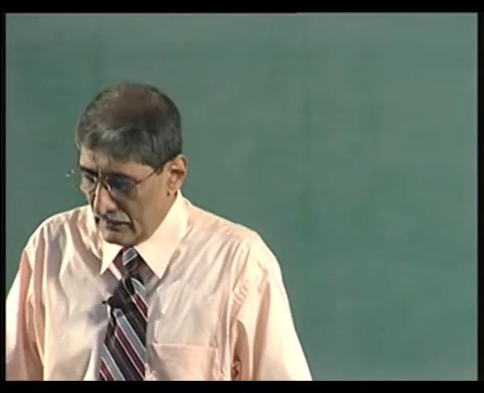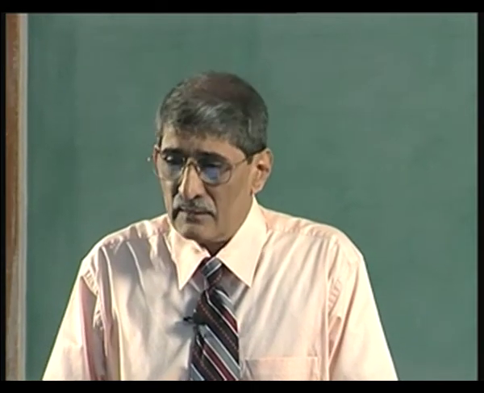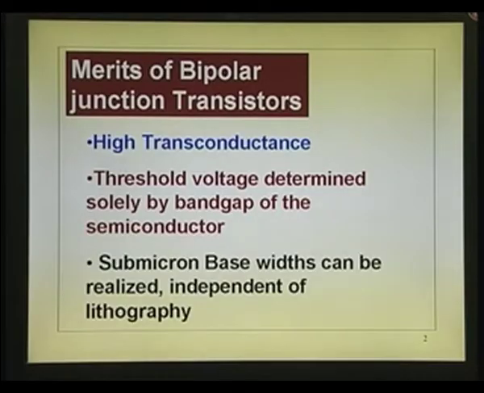Okay, we have been discussing the merits of the bipolar junction transistor, and we were in the process of taking a look at the heterojunction bipolar transistor. Just to see what we discussed, a summary of what we discussed last time: the bipolar transistor has several merits.